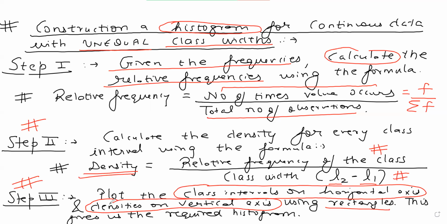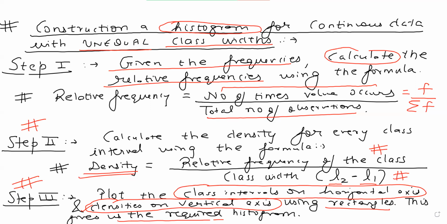I'm going to use rectangles. The height of the rectangle is the density, and the breadth is the size of the class interval. I'm going to show this in pictures also. This is going to give us the required histogram.